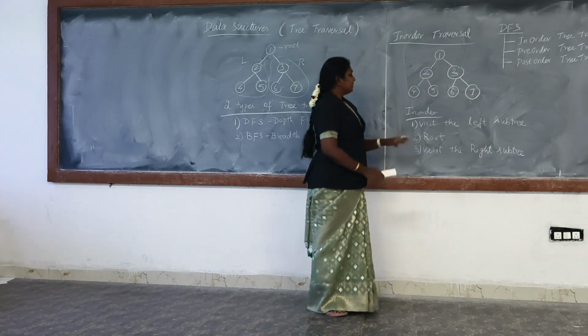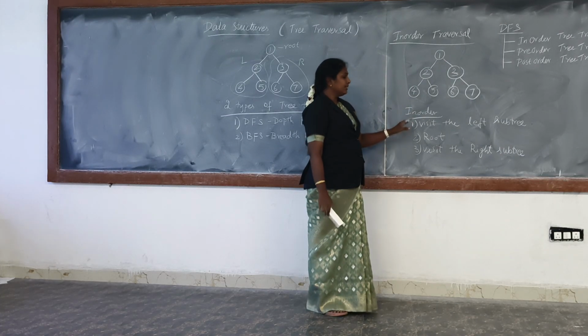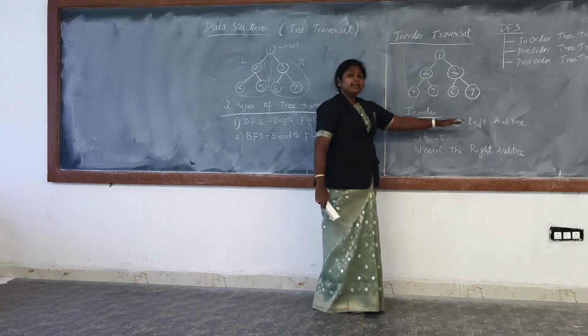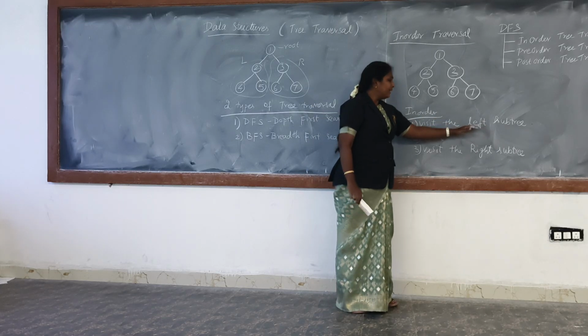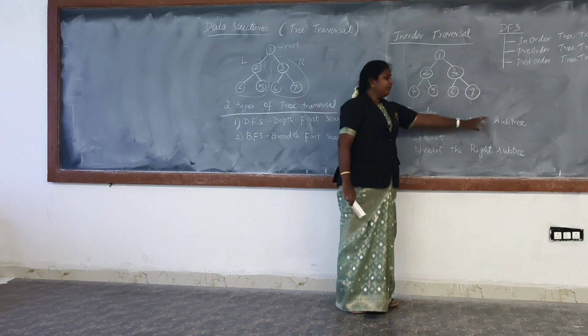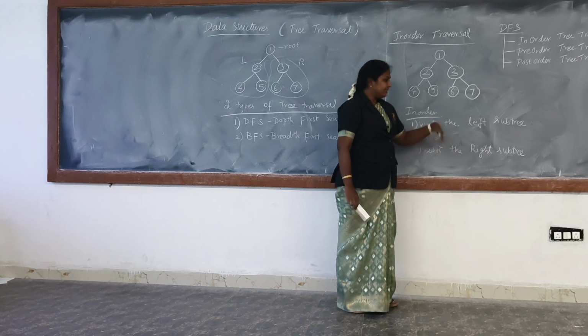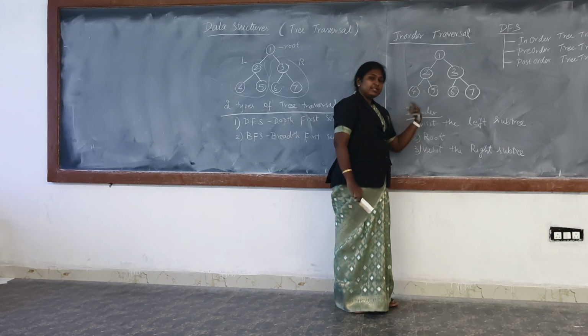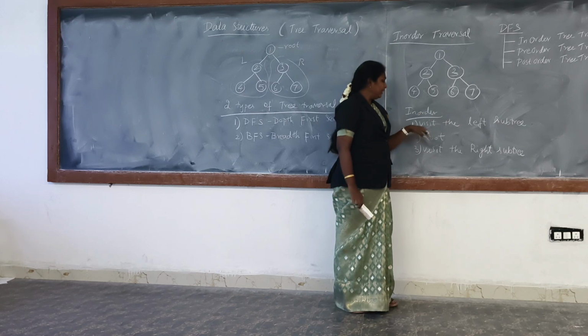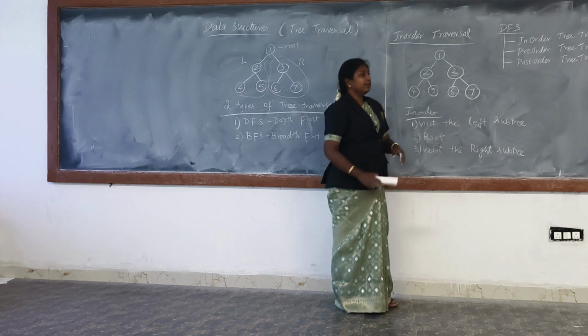Okay, so this is how in order traversal works. First it visits the left subtree, and after visiting the left subtree it has a node, and if the node has a subtree, it follows the same in order, okay, and then it visits the root, and then it completes the right subtree.